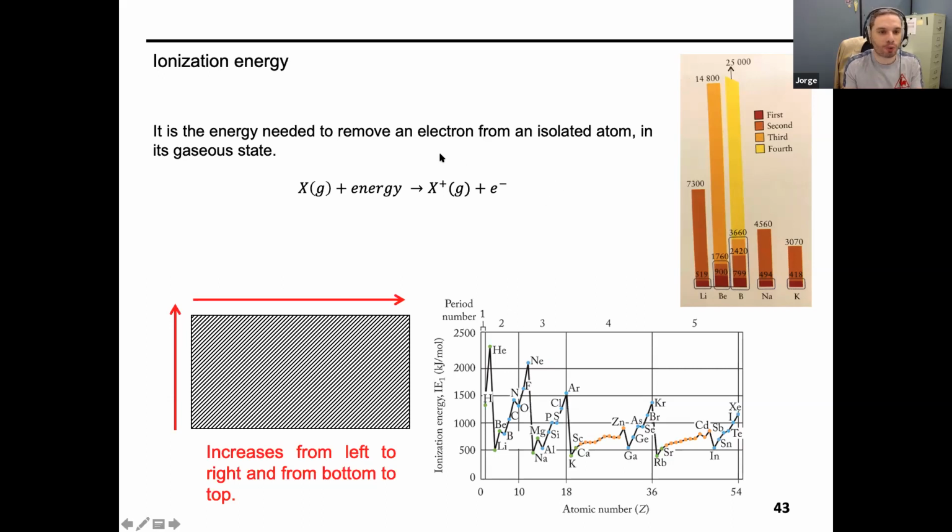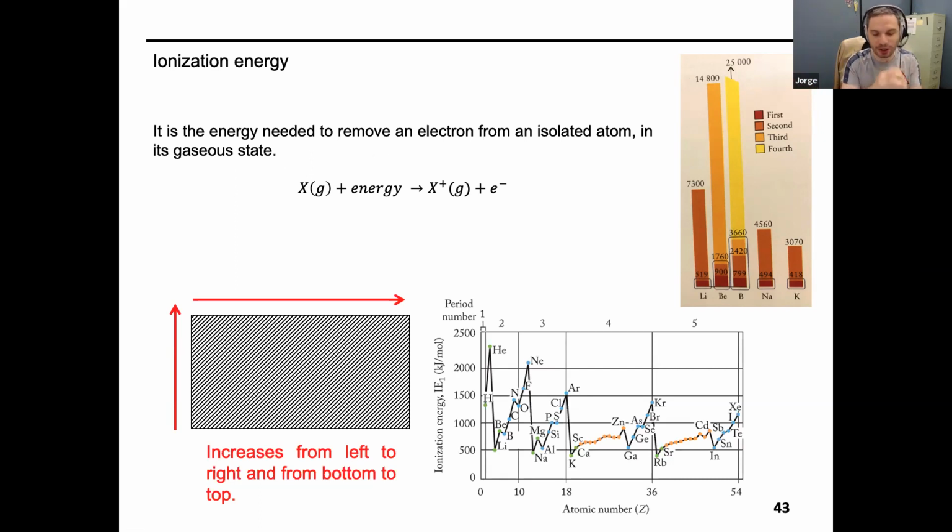So we are going to represent ionization energy by this chemical equation. We have an element X isolated in the gas state. We are going to provide energy to this element to remove one of the electrons from the valence shell, okay?